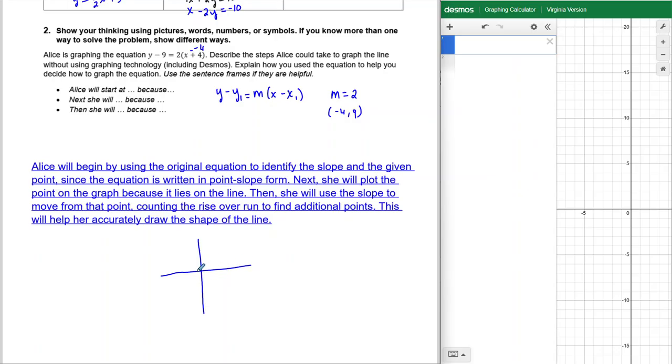Here's the point, which is negative 4, 1, 2, 3, 4, and then 9, 1, 2, 3, 4, 5, 6, 7, 8, 9. So here's the point up here. And then we're going to use the slope. So we're going to use up 2 and then over 1, rise over run, and then connect the points, which is what I have here. Okay. All right. Thank you.